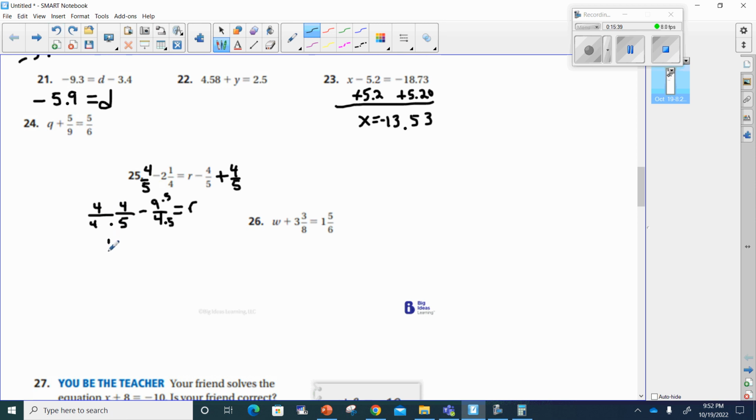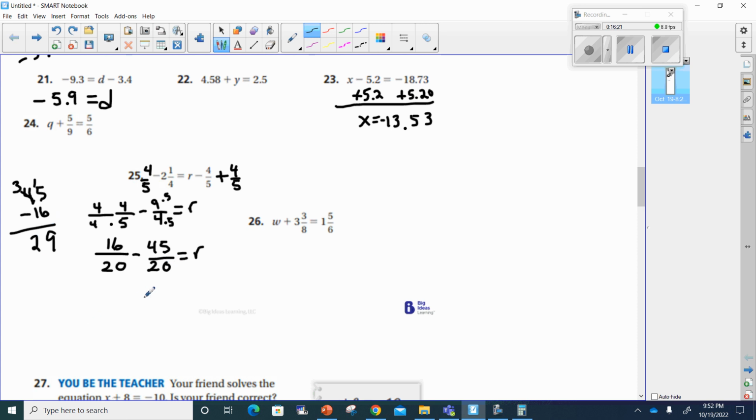So this is 4 times 4, which is 16, and 4 times 5, which is 20. Now I have to minus, this was 5 times 9, which is 45, and 4 times 5, which is 20. That's going to equal r. Well, I got two different signs, so I take the big number minus the small number. This will give me a 9. I had to borrow 1. And 3 minus 1 is going to be 2.